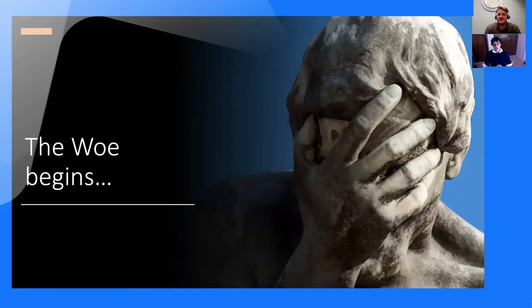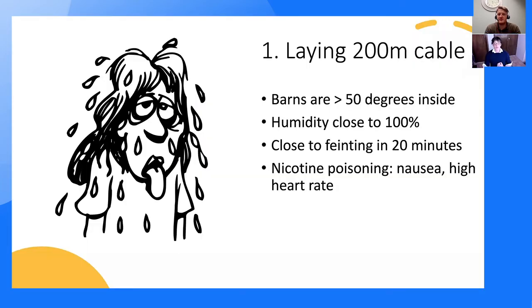I had not anticipated many of the problems that we saw, but we found a lot of problems. The first was laying the 200 meters of cable. The barns, as I mentioned, are about 50 degrees and more if you're trying to lay sensors in the ceiling, and the humidity is close to 100%.